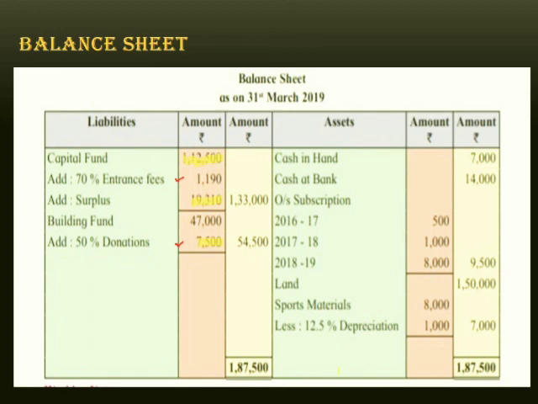Then after writing all these things, we have to take the total of both sides, the liability side outer column and the asset side outer column, and definitely if we go through this method, our balance sheet should tally, and it has tallied also: 1,87,500.